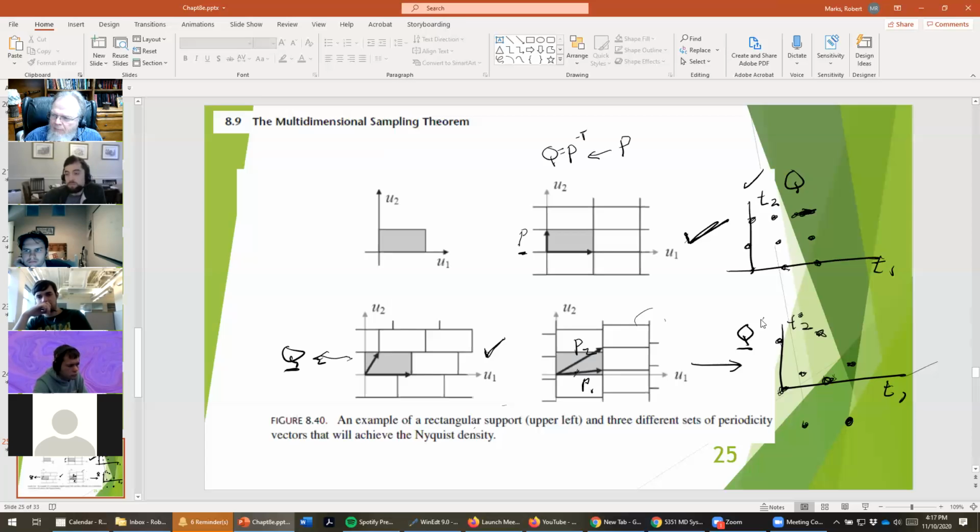You can sample this way, in which case the spectrum is replicated by these sideways bricks here, or you can sample over here where we have just kind of the bricklayer sort of way of doing things. So the interesting thing is that the geometry of the sampling at the Nyquist density can vary for a given spectrum, and you can still maintain the Nyquist density. There is not a unique sampling geometry that gives it to you.